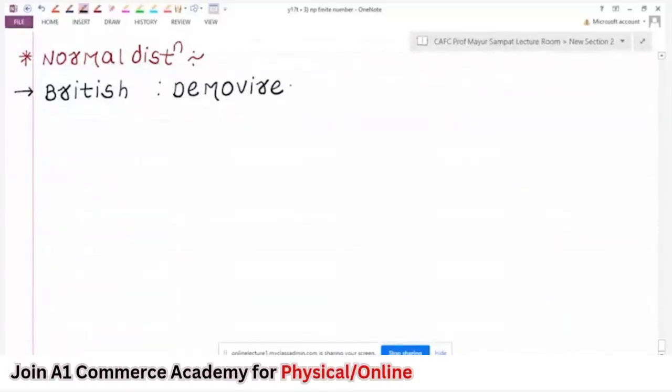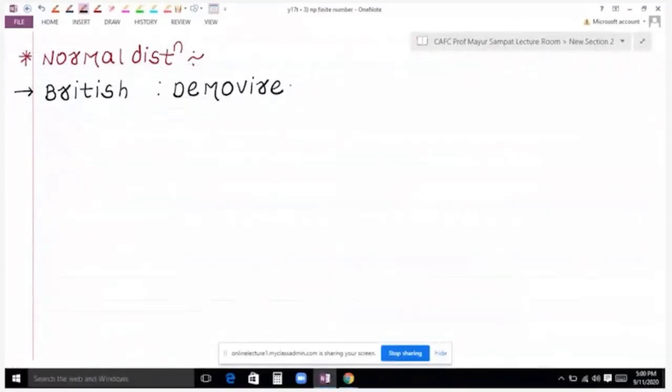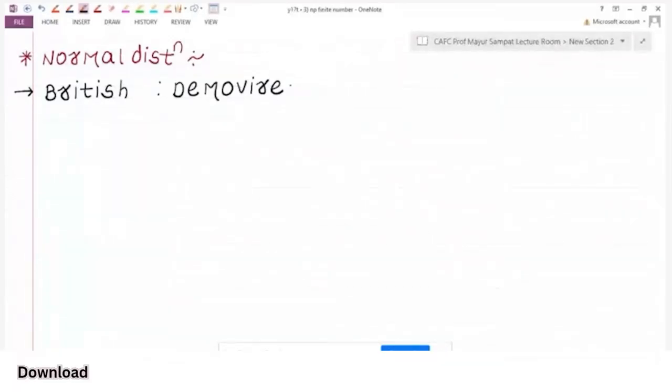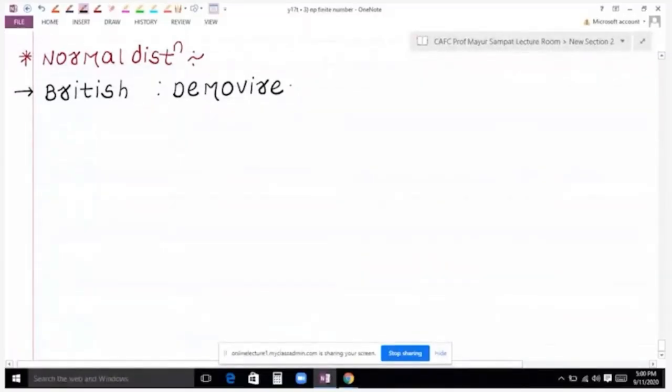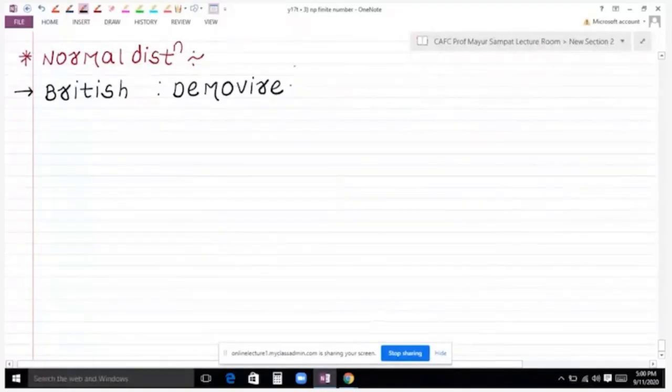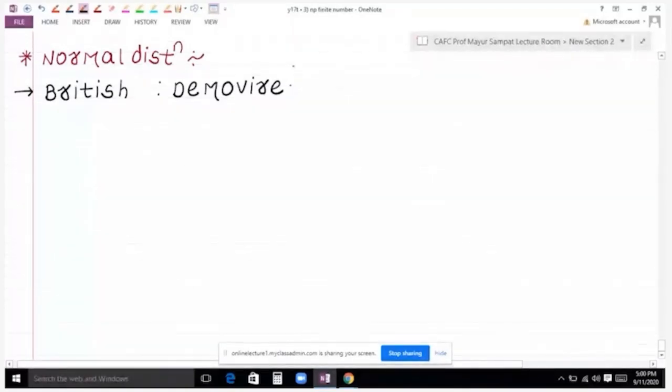Name of that British mathematician was D. Moore. But he has only given the idea of introducing the term normal distribution, है ना? But due to some reason, he could not forward the theory of the normal distribution.